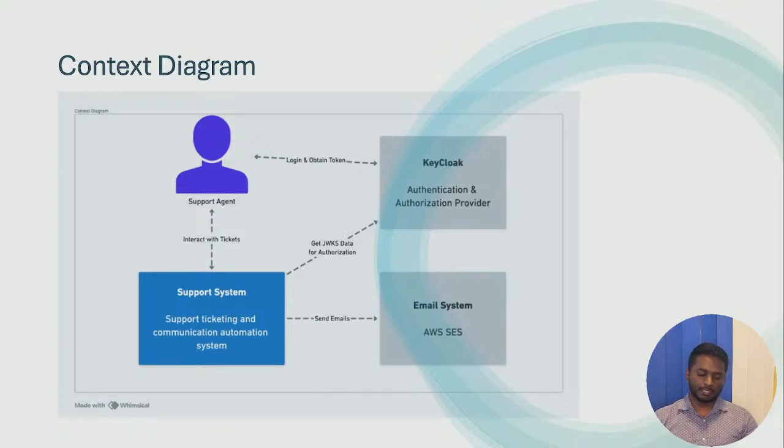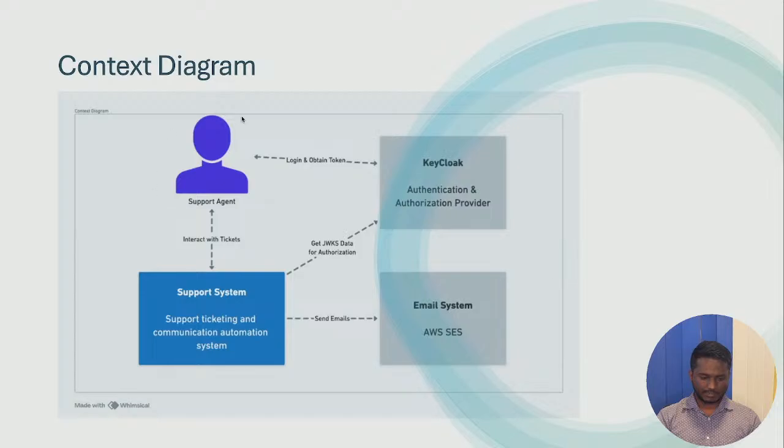And then there's a user management part where we can add new support agents and deactivate or reactivate them, things like that. So in this context diagram, as we can see, we have identified the support system as a separate component and all the other parties that interact with the support system.